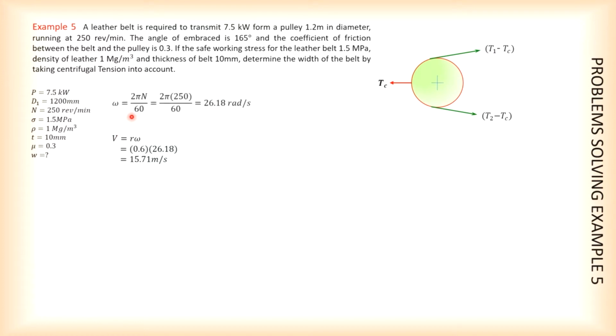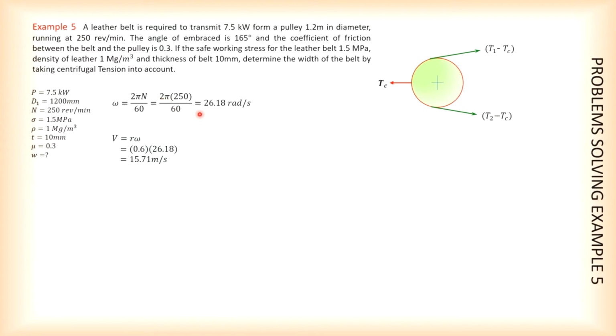First of all, you have the speed. The angular speed omega equals 2 pi N over 60. The N given here is, where is the N? 250 revolutions per minute.